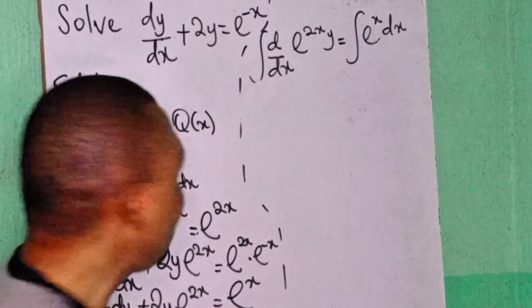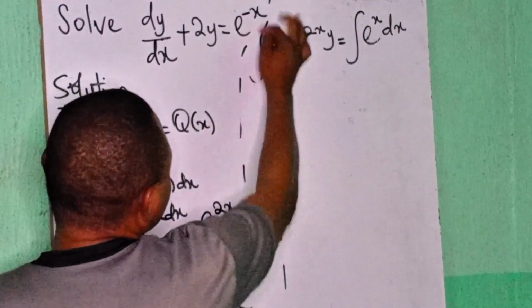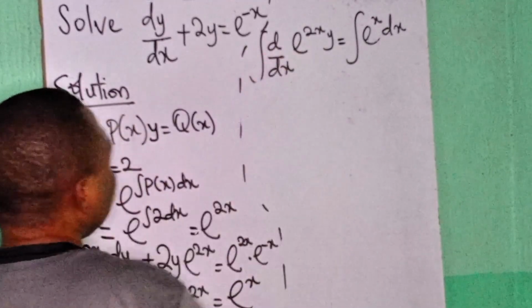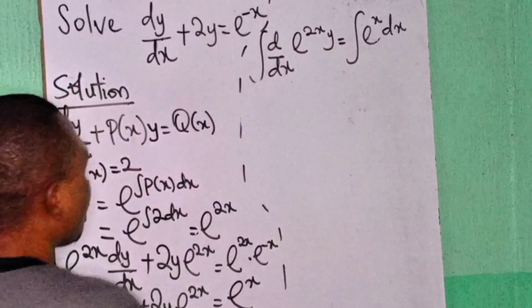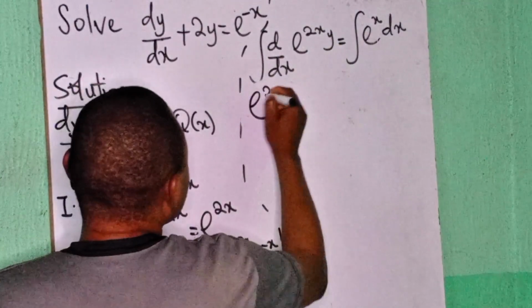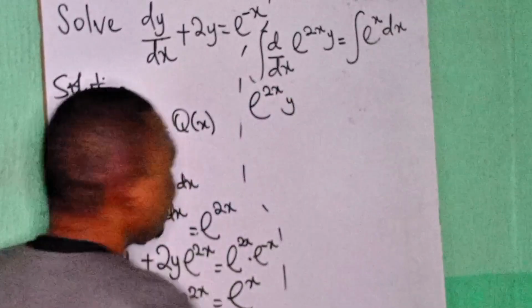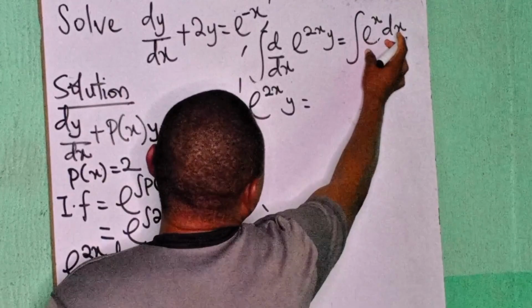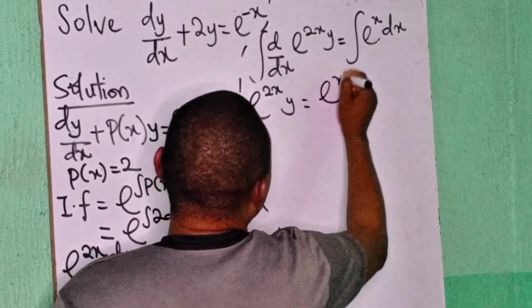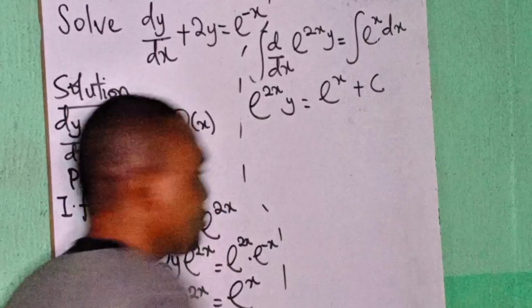Now at the end of the day, this is the integral sign and this is d over dx, so they can go off. I'll be left with e to the 2x times y equals, and if I integrate this, I will still get the same thing, e to the x, plus c.